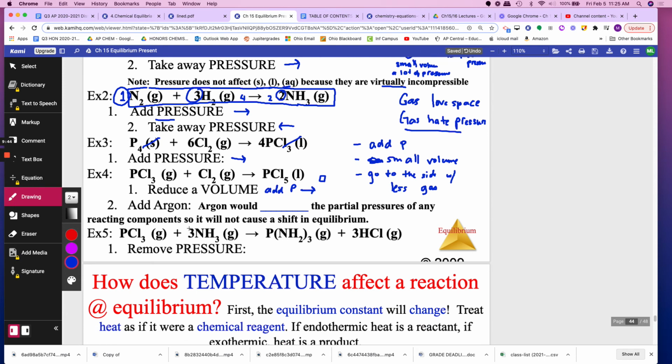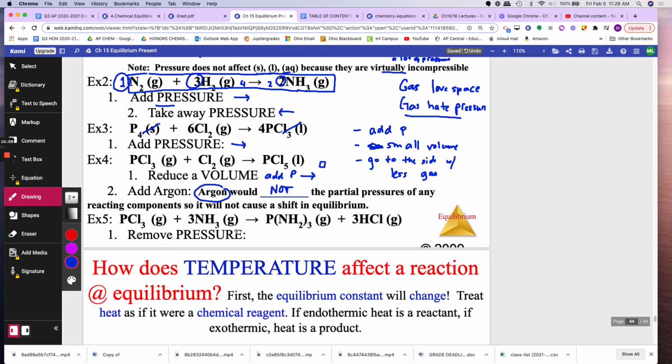Okay, add argon. Argon is nowhere in sight, so it would not affect the partial pressure of any of the components. Remember, if you have a balloon and you have argon in there and PCl3, Cl2, they don't see each other. They don't even know that they're there. So if it's not a part of the reaction, it's not going to affect the equilibrium.